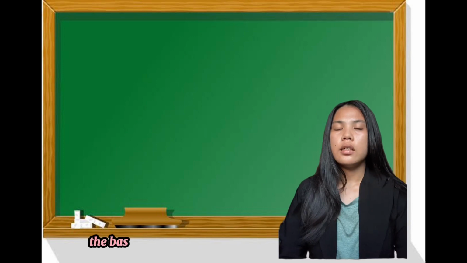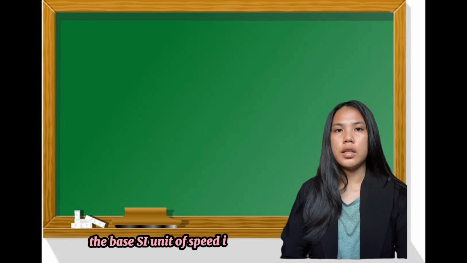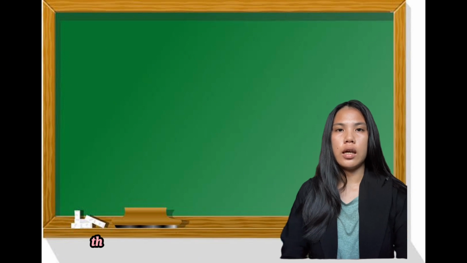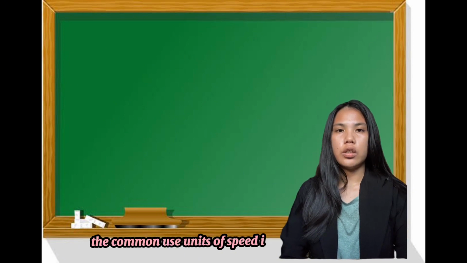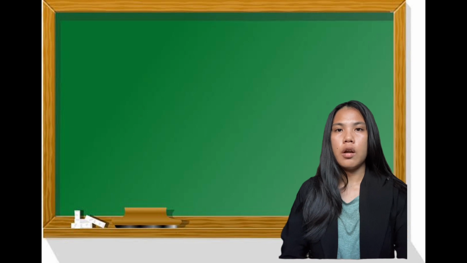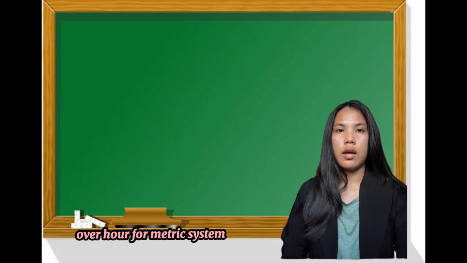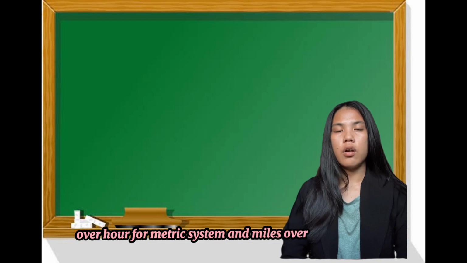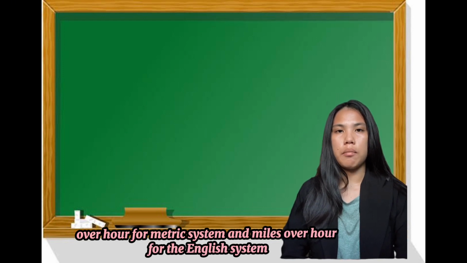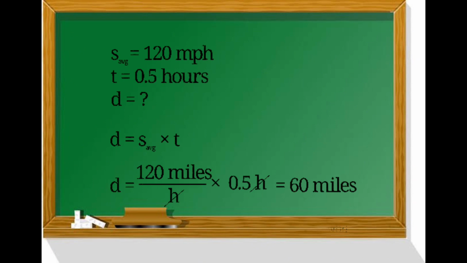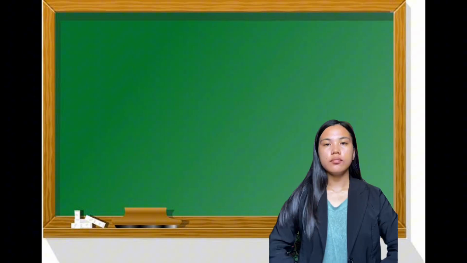The base SI unit of speed is meter per second. The commonly used units of speed are kilometers per hour for the metric system and miles per hour for the English system. For example, to find distance: 120 miles per hour times 0.5 hours equals 60 miles.